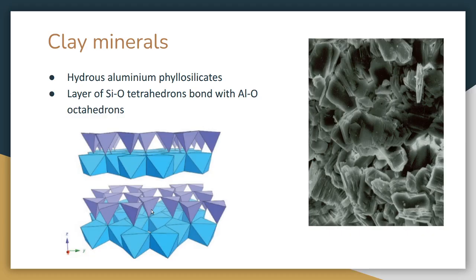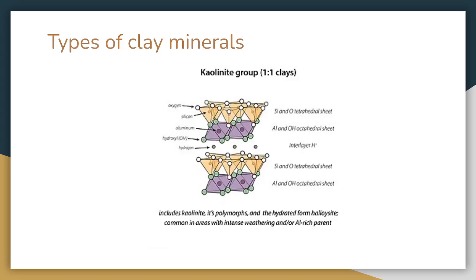There is also a wider variety of these kinds of bondings. For example, we have the 1:1 clays, which are one sheet of aluminium octahedrons and one sheet of silicon tetrahedrons.